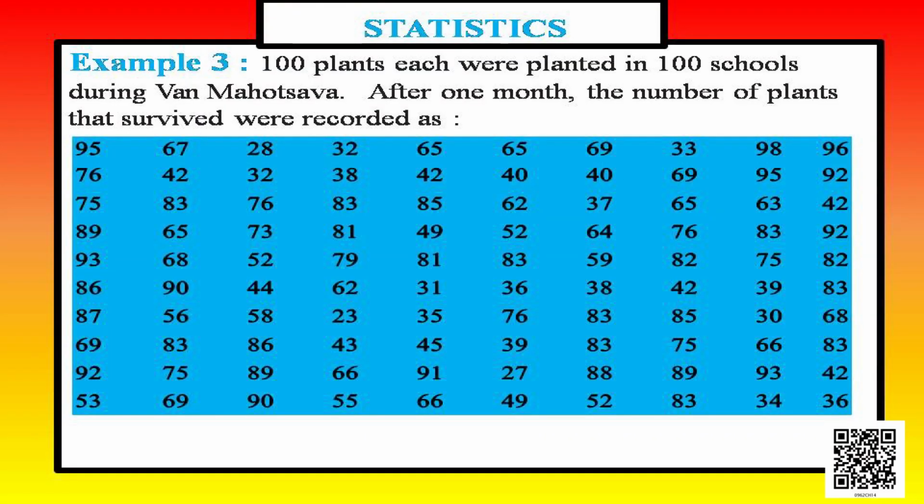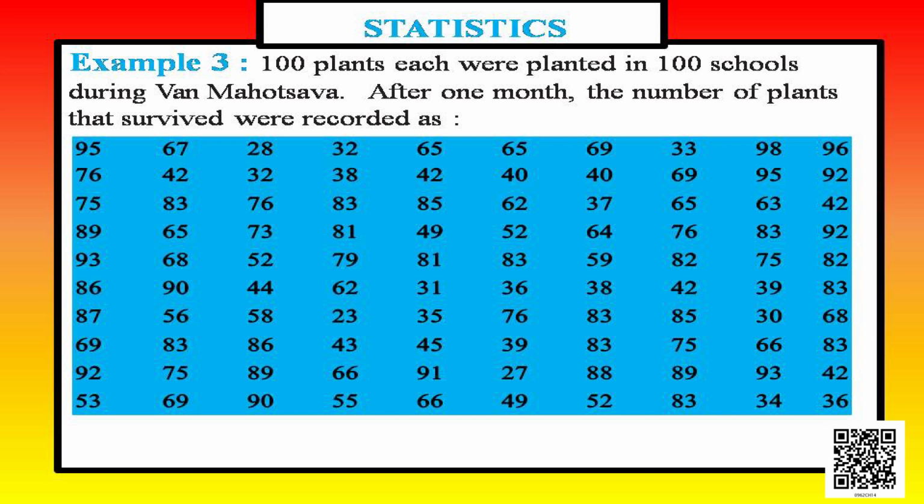Please read. It says 100 plants each were planted in 100 schools during one Mahotsav. After 1 month, the number of plants that survived were recorded. They are as follows. Please see. They are 95, 67, 28, 32, 65 and so on.